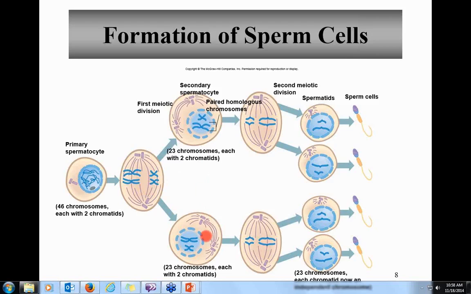Again, these will be haploid chromosomes. They're called secondary spermatocytes. Then you'll get the second mitotic division, and you'll form what are called spermatids. These again are haploid, 23 chromosomes each, and these will mature into sperm cells.